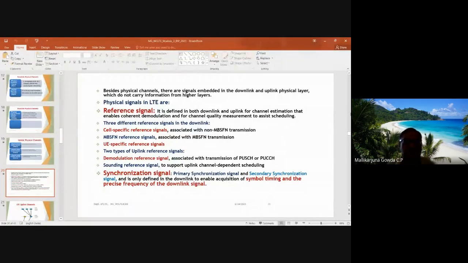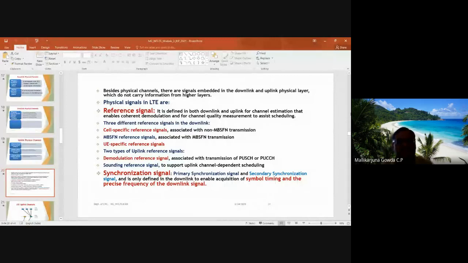Then in the uplink, there are two types of uplink reference signals. The first one is the demodulation reference signal. This demodulation reference signal is associated with the transmission of the physical uplink shared channel or physical uplink control channel, PUSCH or PUCCH.